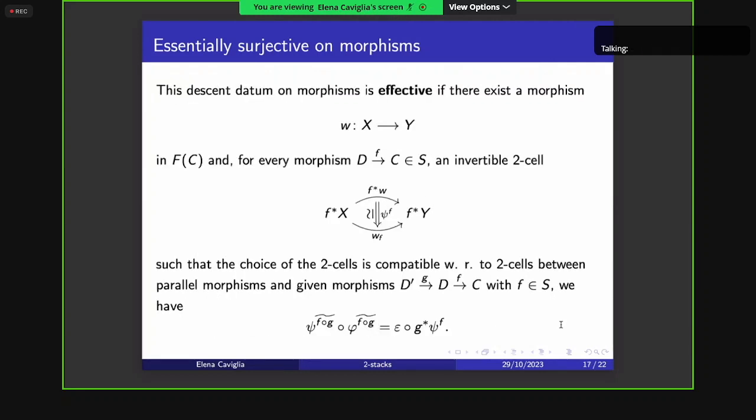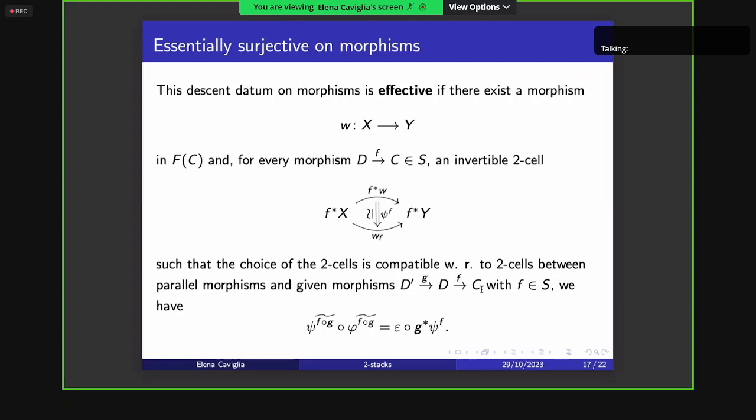And now we can say what it means for this descent datum on morphisms to be effective. This means that we can find a morphism W, so our global datum is now a morphism instead of an object. And for every morphism in the sieve, an invertible two cell between the descent along F of the global morphism W and W of F. And this choice of two cells is compatible.